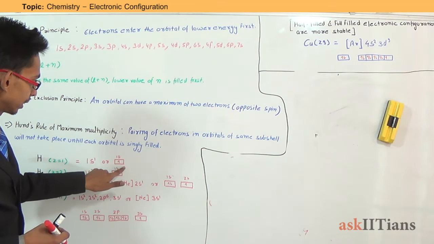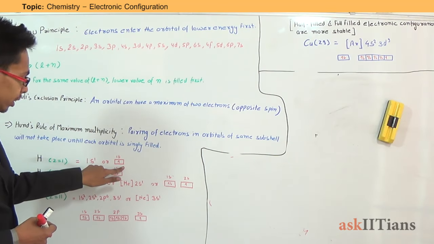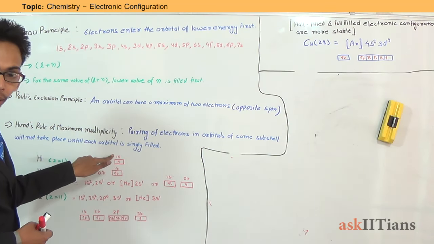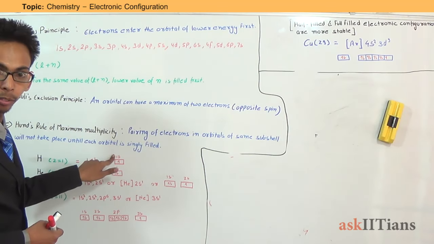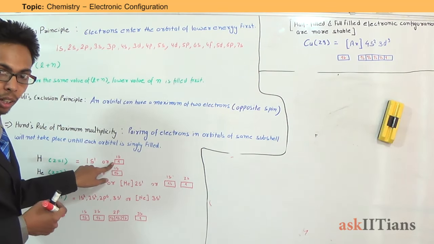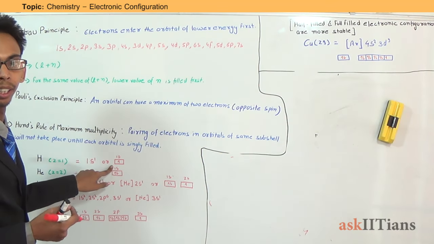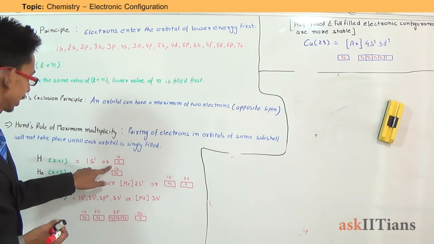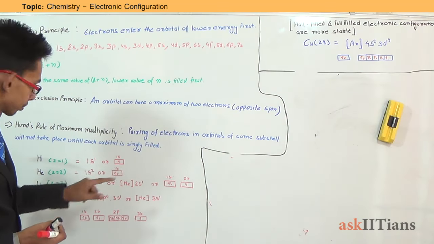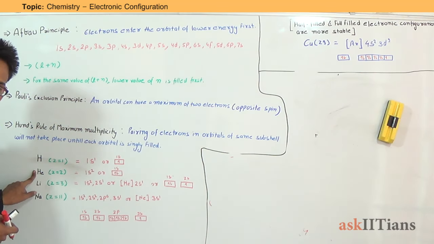Or there is another way to represent it: write the name of the subshell, 1s, and represent its orbital as a box. It contains only 1 orbital, so 1 box, and only 1 electron, so 1 arrow clockwise.